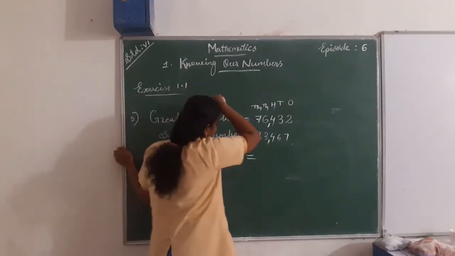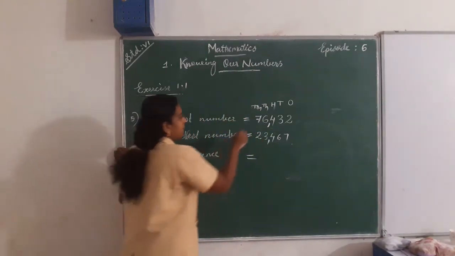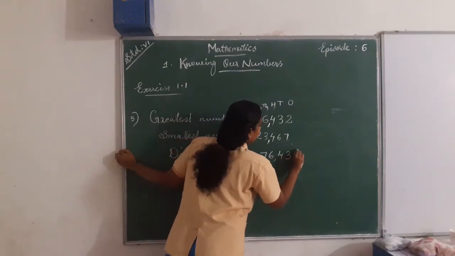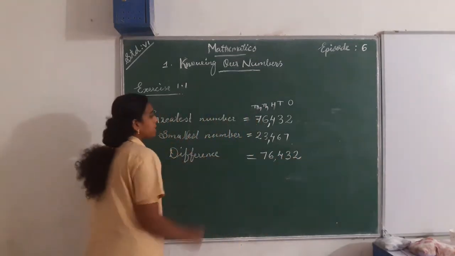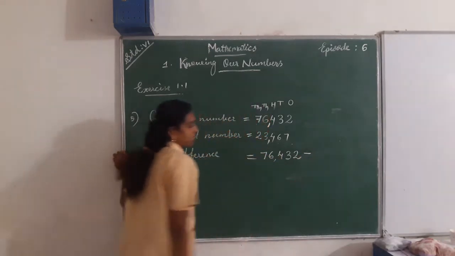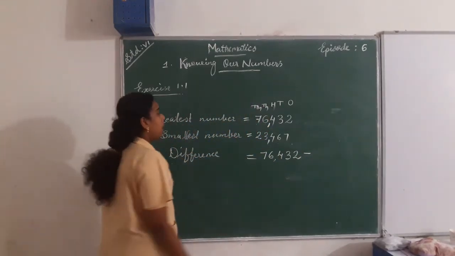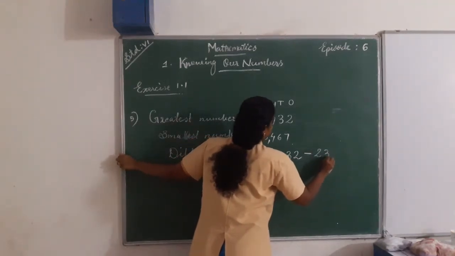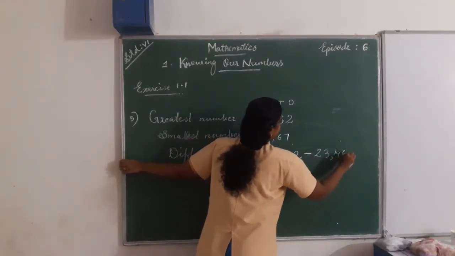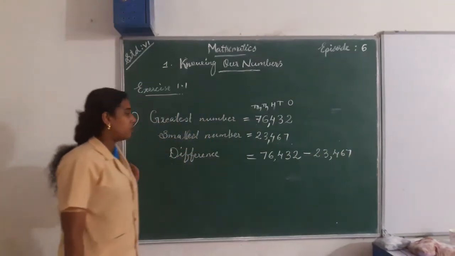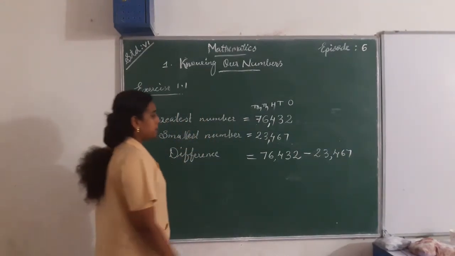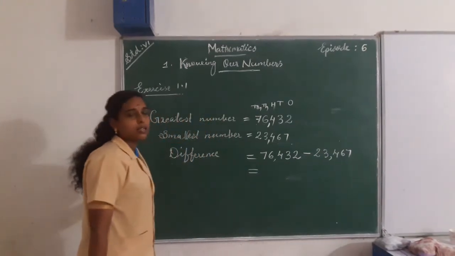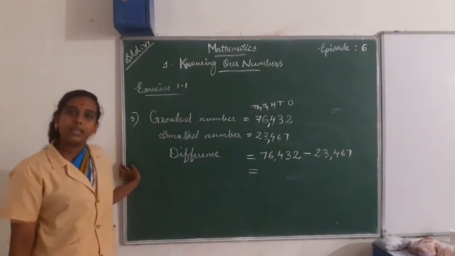So we write the greatest number first, that is 76,432. For finding the difference, we use subtraction, that is minus. And we write the smallest number, 23,467. We subtract the smallest number from the greatest number.